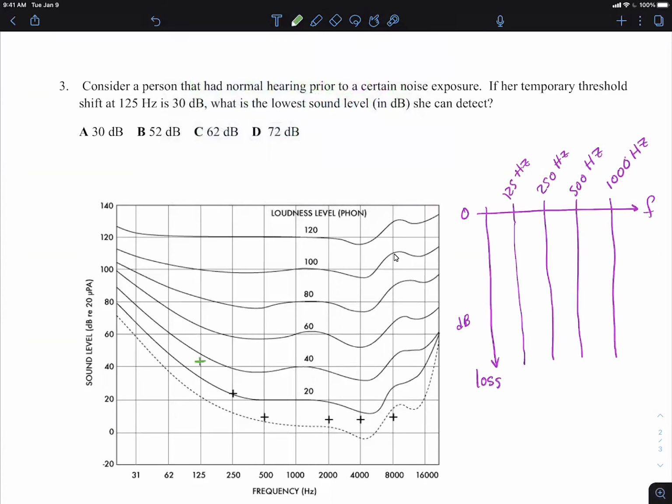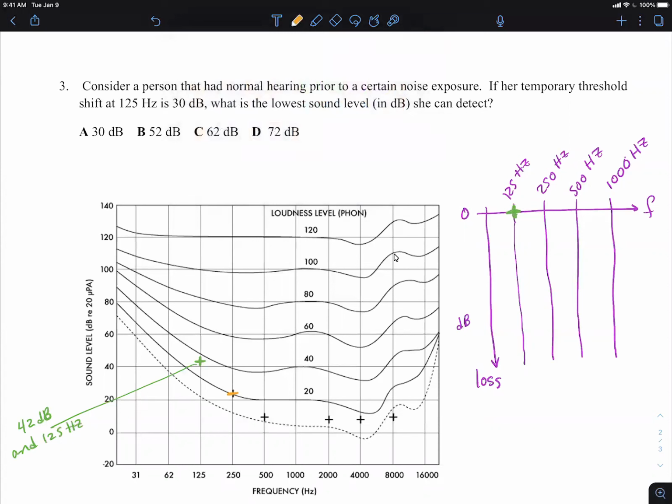So this plus right here that is at 42 decibels and 125 hertz corresponds to this plus right here. Okay, so the 0 on the audiogram at 125 hertz means that your sound level meter would read 42 decibels.